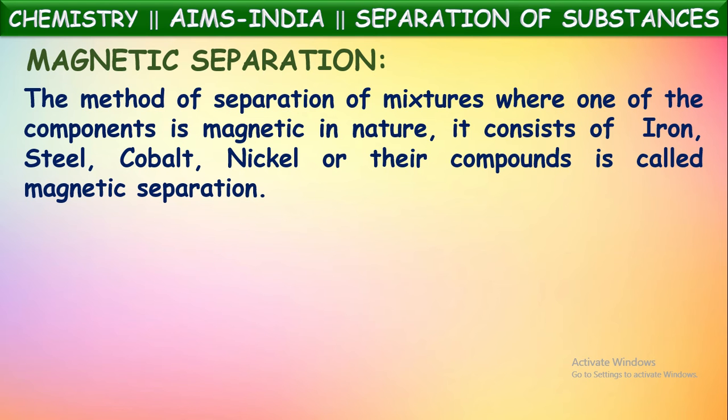The components or substances which will be attracted by a magnet are called magnetic materials, like iron, steel, cobalt, and nickel or their compounds. Non-magnetic material means those materials which won't be attracted by a magnet. So from those, the magnetic material can be separated by using this method called magnetic separation.